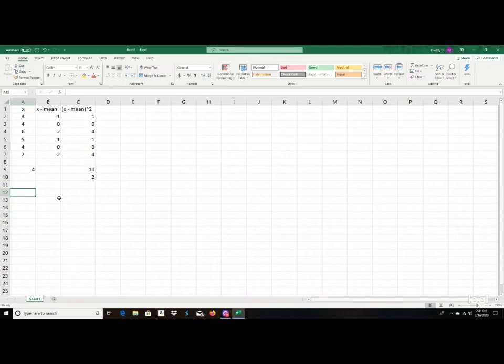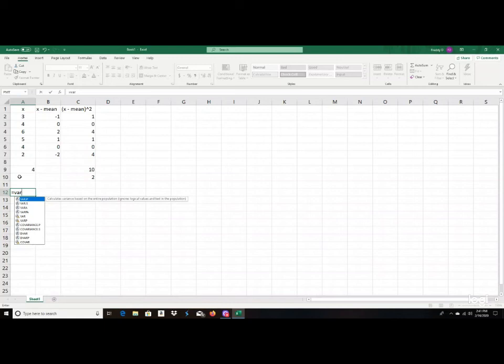But let's say you are savvy with Excel and you know that's probably a waste of time. Here's all you have to do. Find any cell in Excel, it doesn't matter where. I'm going to put it right here. To find the variance, I'm going to hit the equal sign and type in var.